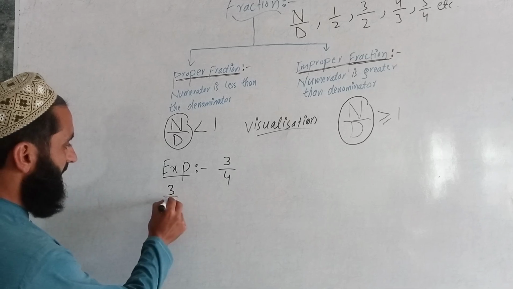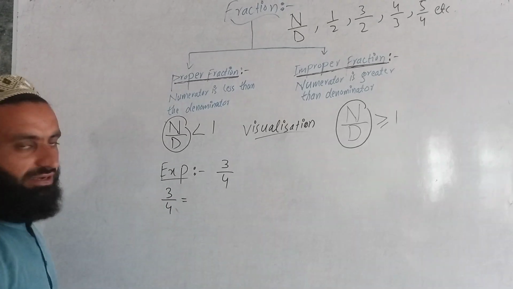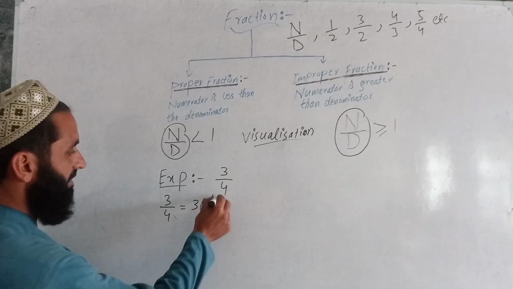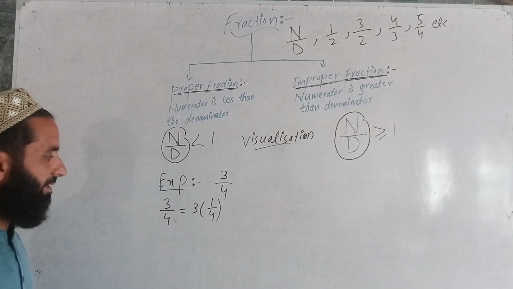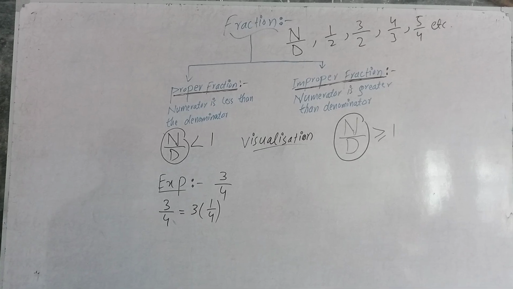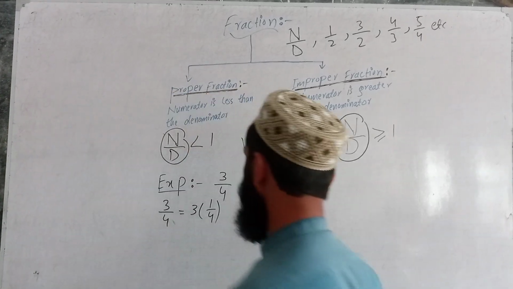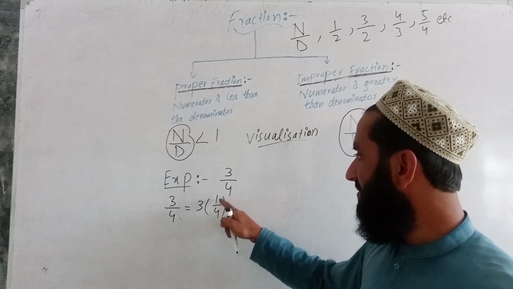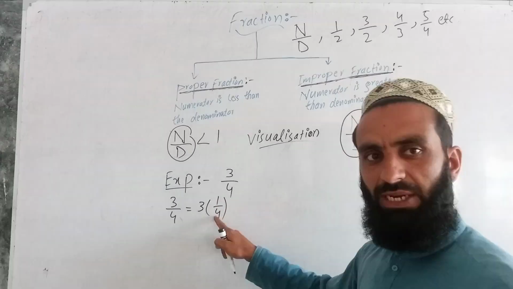We can write 3 divided by 4 in the form of 3 times 1 by 4. For this, first we divide one whole into 4 equal pieces.